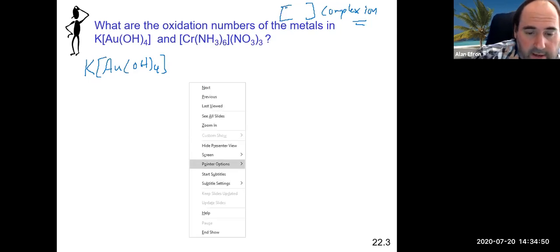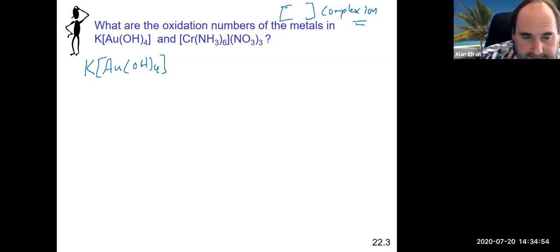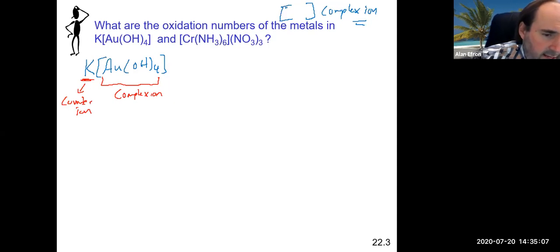In this particular case, this part here is our complex ion, and the K here would be our counter ion.